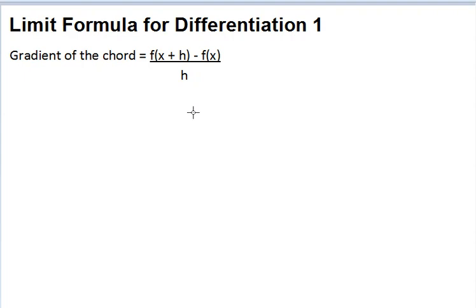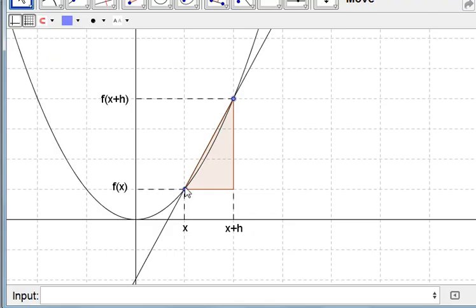The problem is I don't want the gradient of the chord. I didn't really want that second point. I actually want the gradient of the tangent at that particular point. So I'm going to have to make this distance much, much smaller.